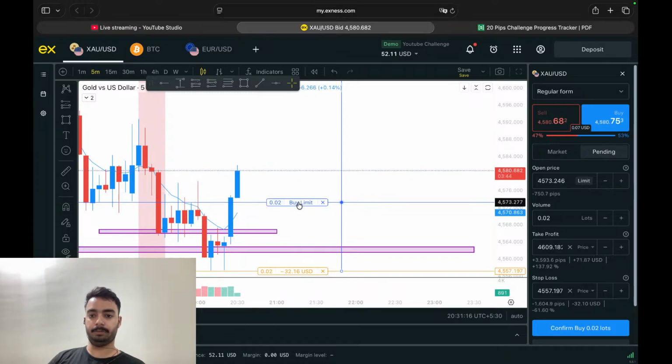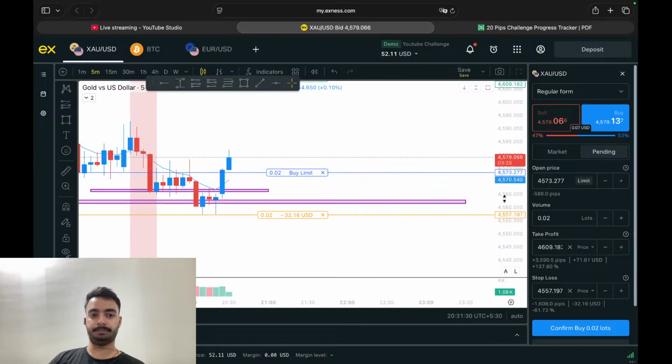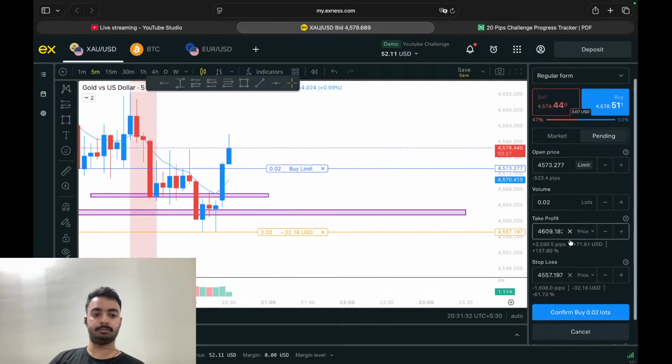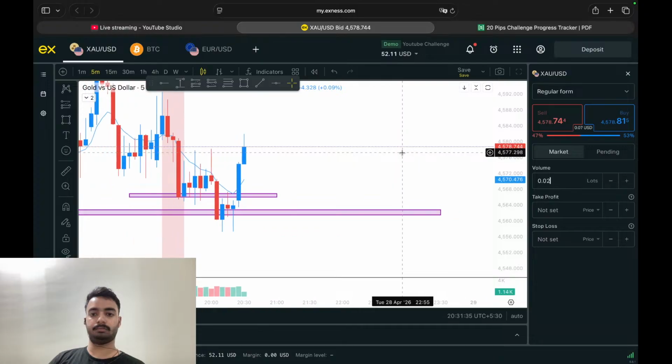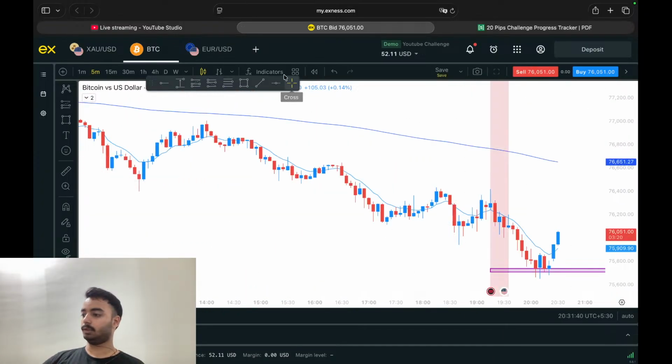So we can keep our buy limit to this point, which makes our profit target $71 and our SL $32. So we have set a buy limit on gold. Let's analyze the charts of Bitcoin and EURUSD as well.